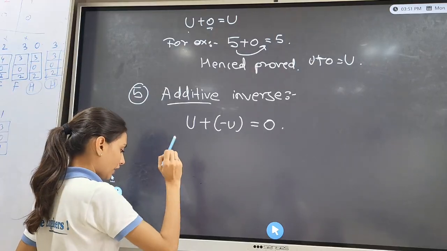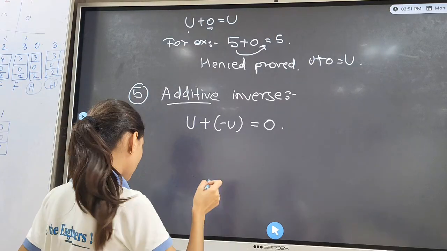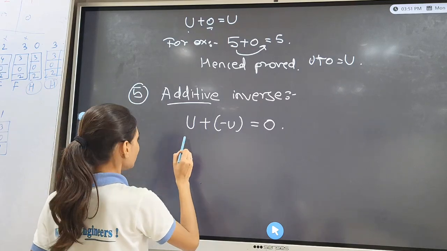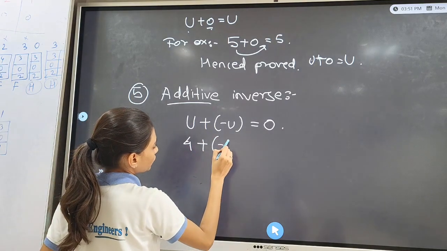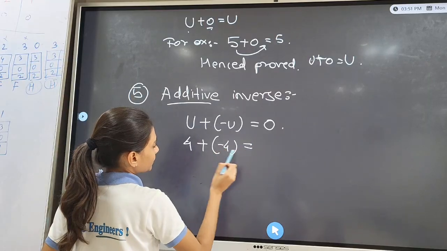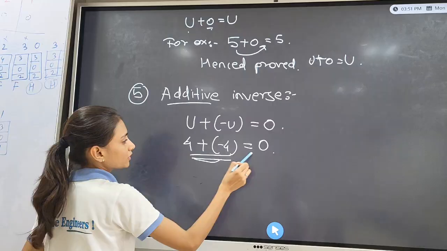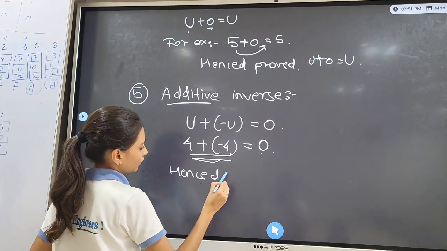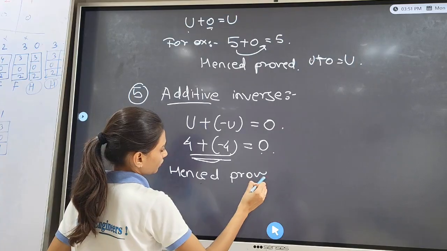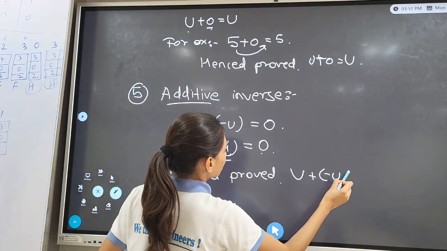Then we can say for every vector U there is another vector minus U, such that if there is a 4 and we add that 4 to minus 4, it simply cancels both elements and gives us the value 0. Then we can say U plus minus U is equal to 0.